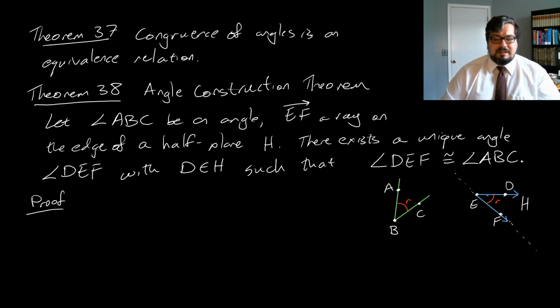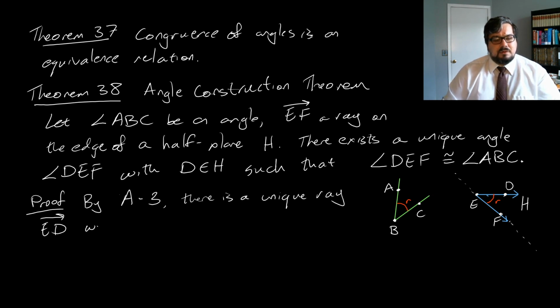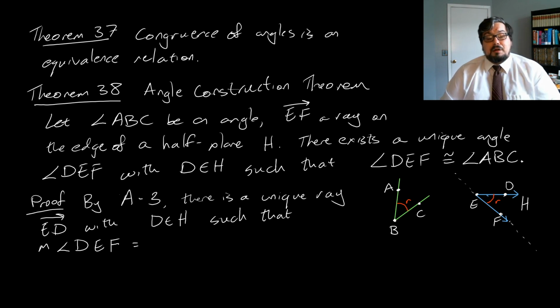Let's write out the proof really quickly. So by A3, the angle construction postulate, there is a unique ray ED with D in H such that the measure of angle DEF equals whatever we want, or any number between 0 and 180.